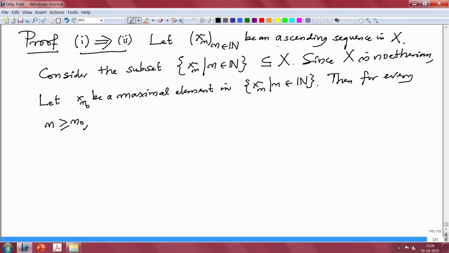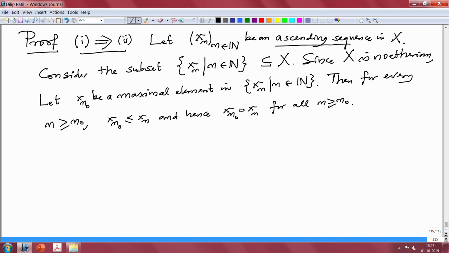Because the sequence is ascending, x_{n naught} is less equal to x_n, but this is a maximal element, and by definition of a maximal element nobody should be bigger than x_{n naught}. Hence x_{n naught} equals x_n for all n bigger or equal to n naught by maximality of x_{n naught}.